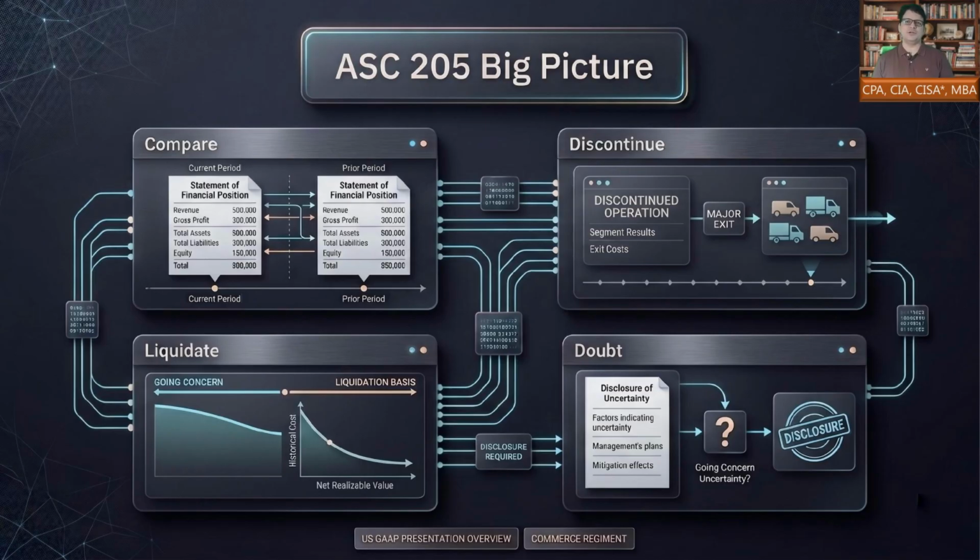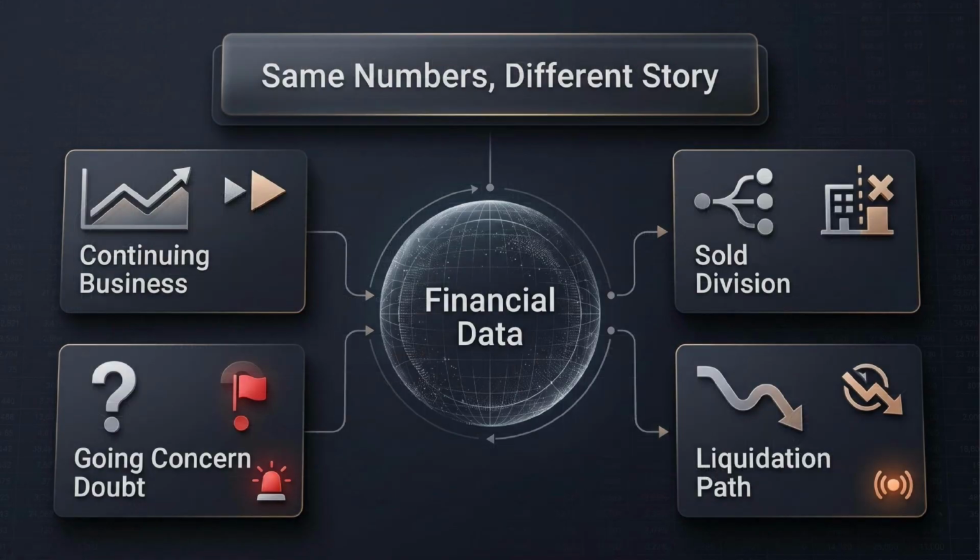So our memory structure for this topic is simple. Compare, discontinue, liquidate, and doubt. Here is the interesting part. The same financial data can tell a different story depending on how it is presented. That does not mean we manipulate the numbers. Absolutely not. The numbers remain grounded in GAAP.